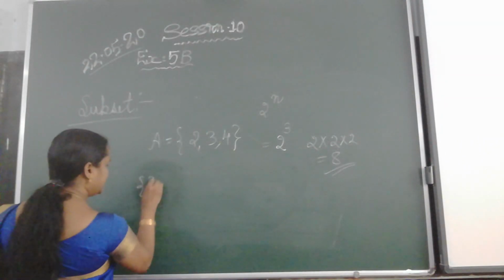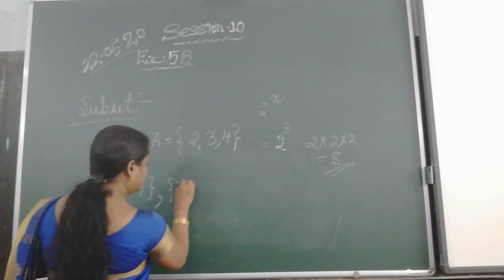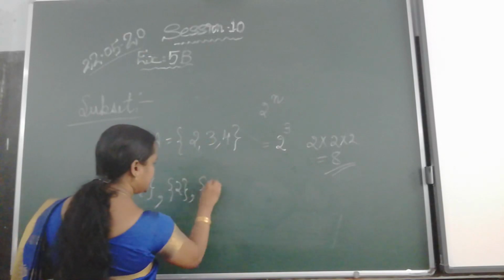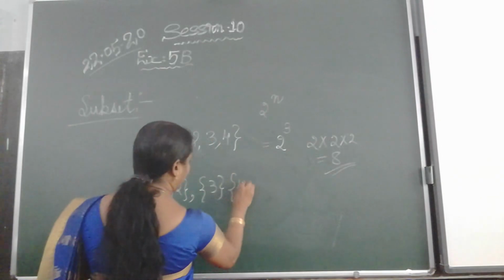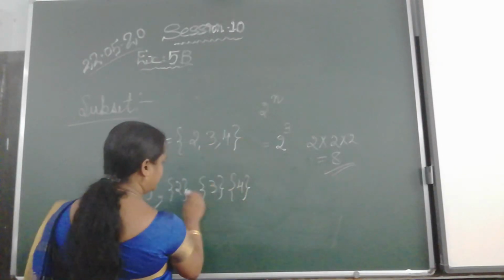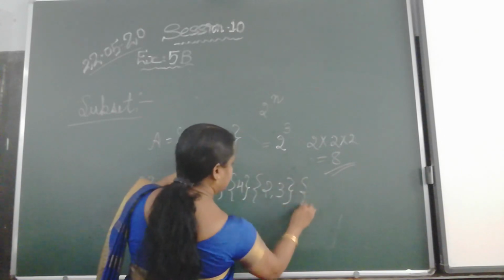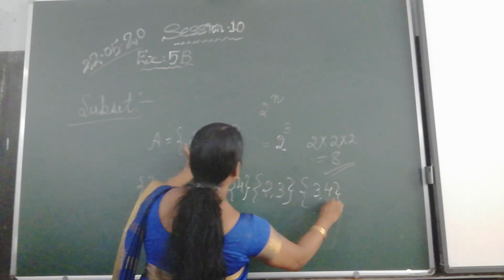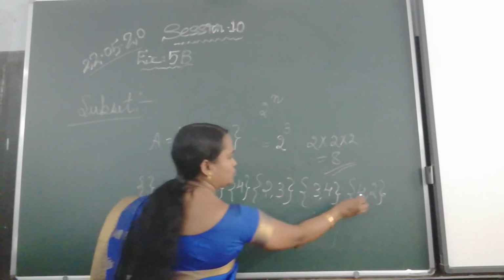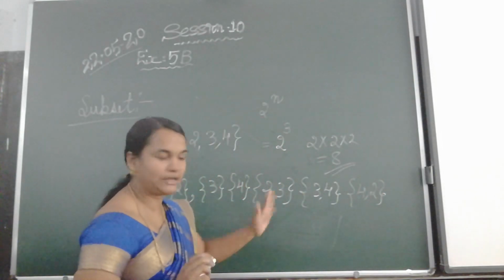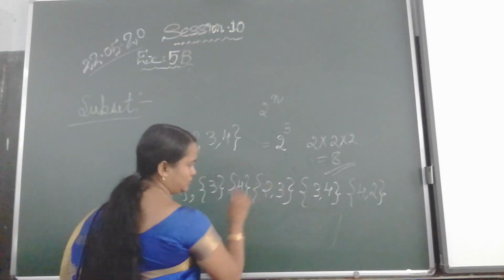Now we take the elements separately: 2, then 3, then 4. Then 2 and 3, then 3 and 4, after that 4 and 2. Children, if you write 2 and 4, that is also the same value, only the place is changed. 4 3 also you can write, 3 2 also you can write.